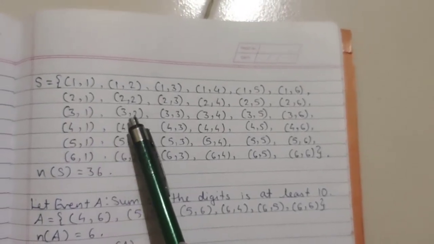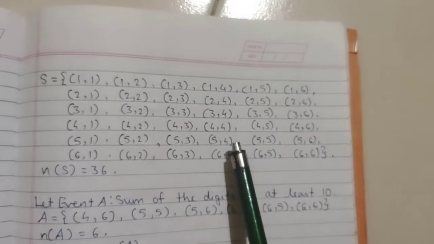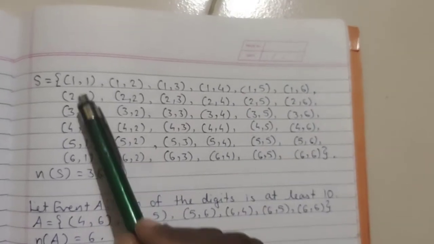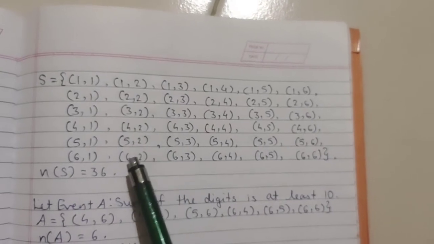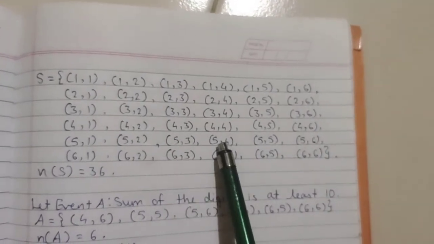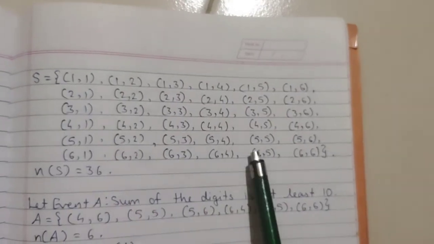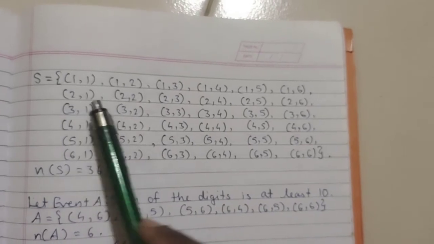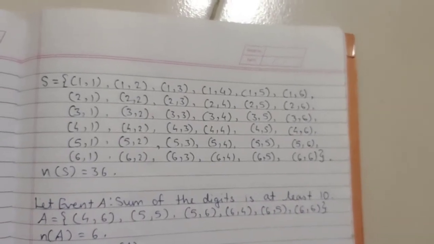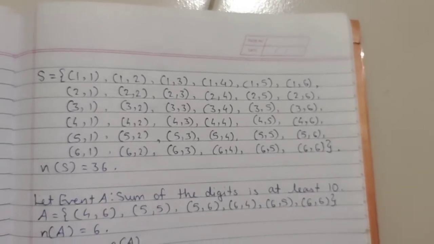Here also you can see 4 3. So only these 15 will come in this event, because only in these is the first number more than the second number.